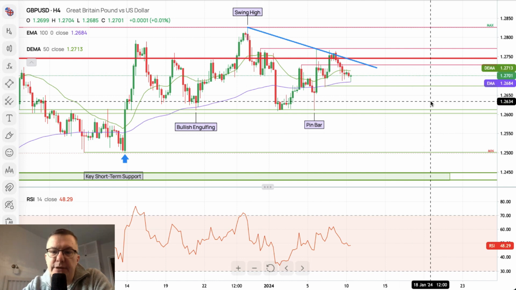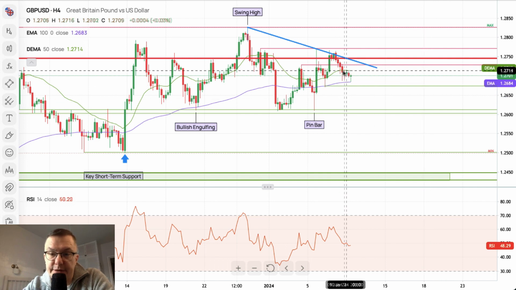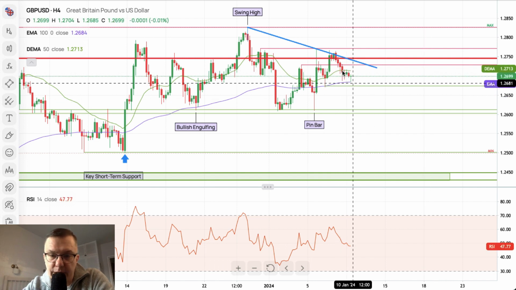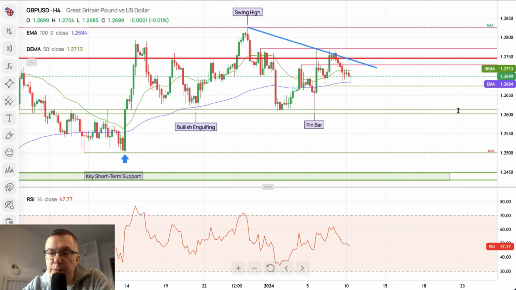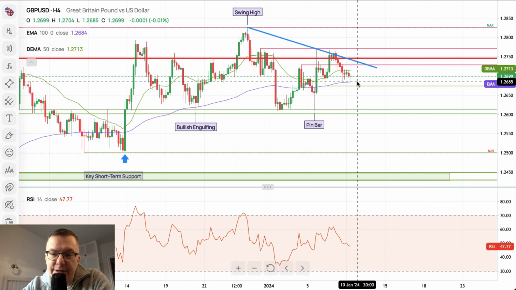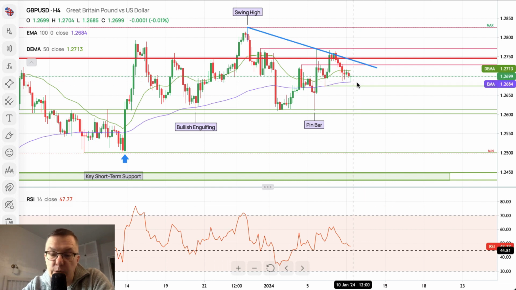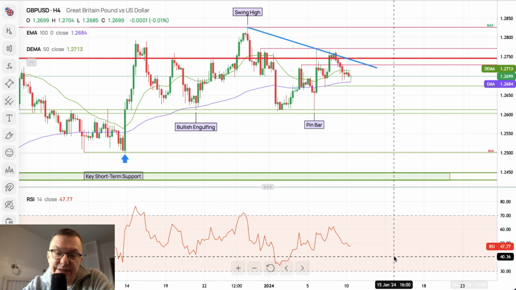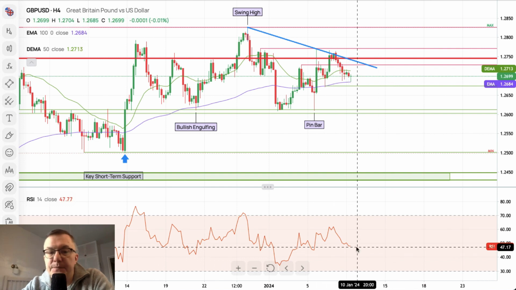On the British pound, as you can see, nothing has changed basically. The 4-hour chart is showing us that the market is consolidating between the 50 and 100 period moving averages, 1.2684 and 1.2713. This is the intraday trading zone, with the momentum at the level of 47 points, roughly testing the level of 50, the neutral level, without breaking below it.